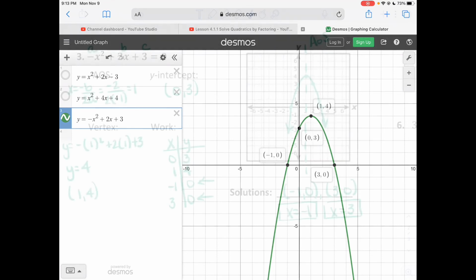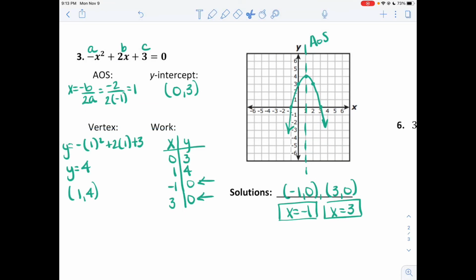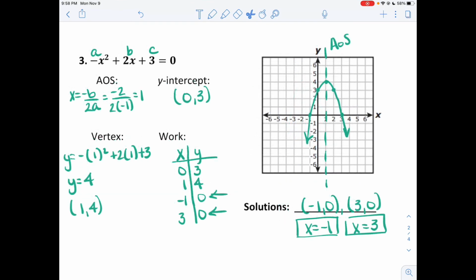So let's put those into our notes. Back over here on our notes, I can note these 2 points at -1, 0 and at 3, 0. And then, of course, I can plot those points. And those are my solutions. -1, 0 is 1 point and 3, 0 is the other. I could write these in x equals form as x equals -1 and x equals 3.